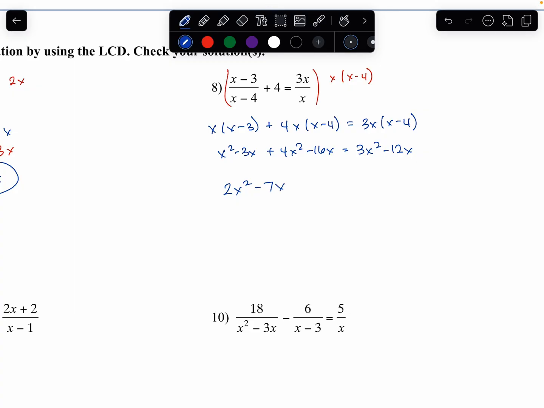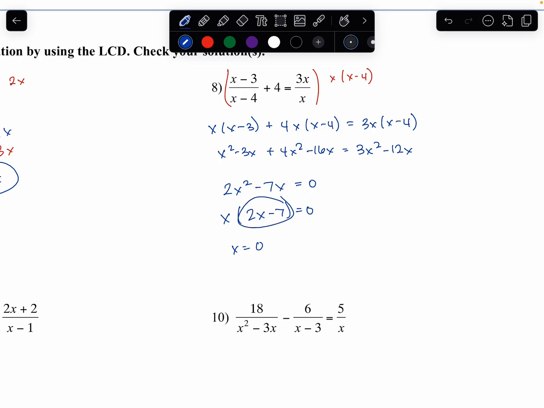And I don't have any constants. So that makes it easier because now I just have to factor out the greatest common factor here, which would just be x. And I'd get 2x minus 7 is equal to 0. So now I can take each of those factors and solve for x. So I'll get that x is equal to 0.